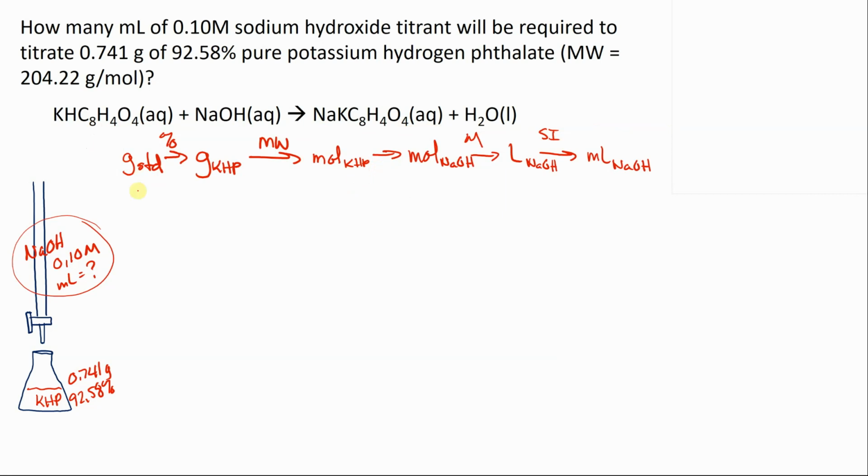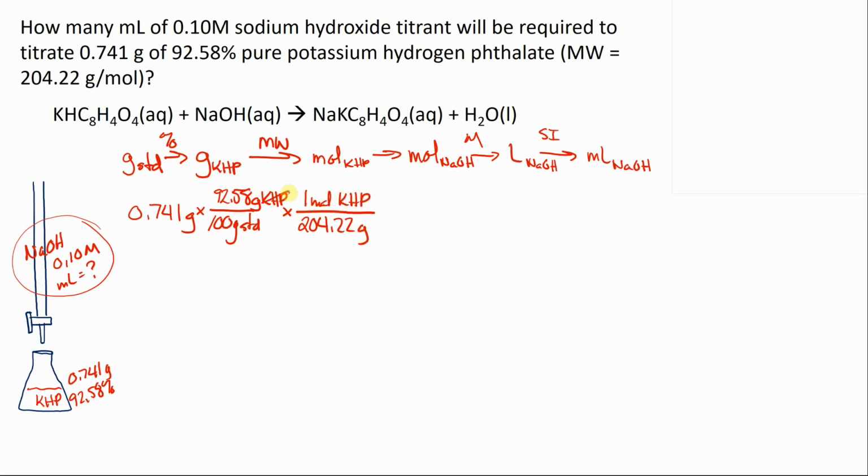Okay, so I'm starting with grams of standard, 0.741 grams. 100 grams of standard contains 92.58 grams of KHP, the potassium hydrogen phthalate. Then the molecular weight is 204.22 grams of KHP per 1 mole of KHP.